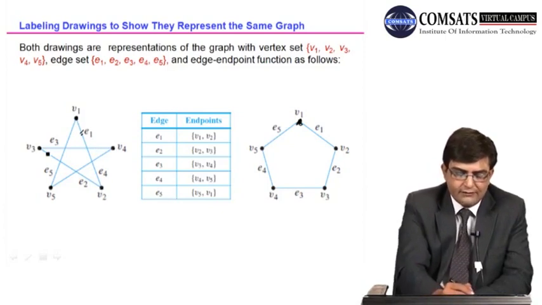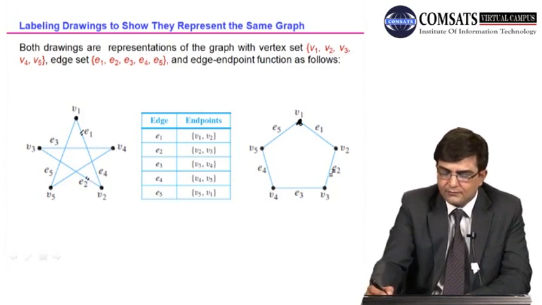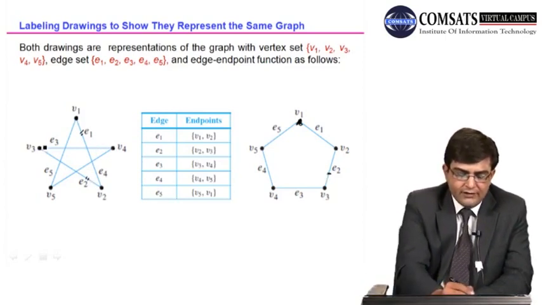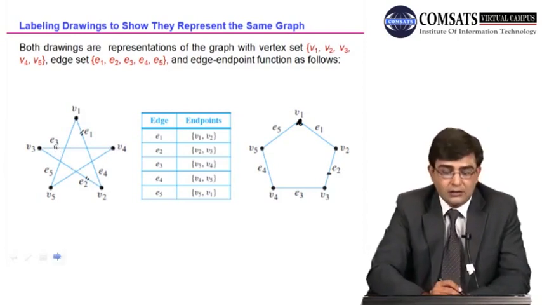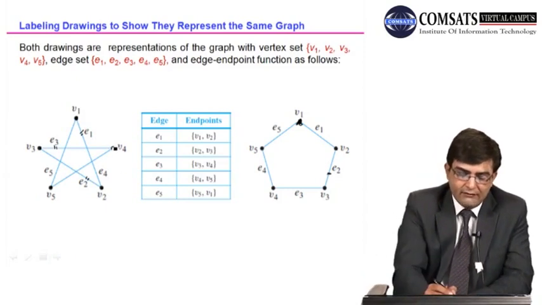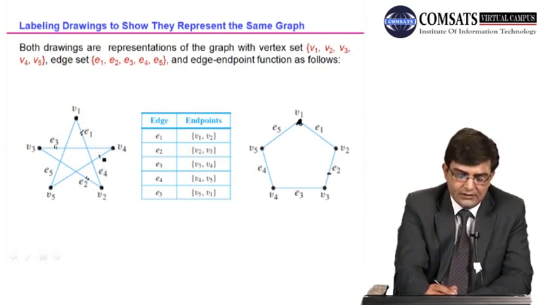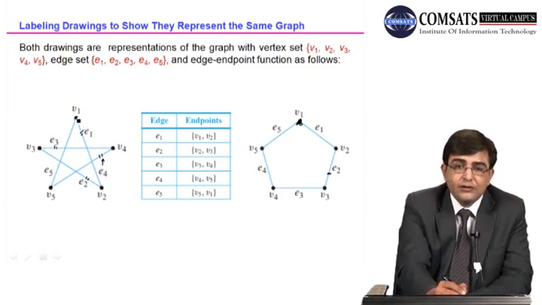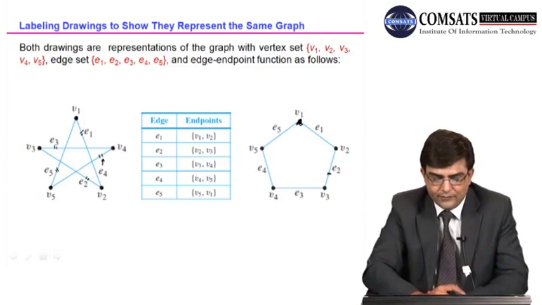When v2 connects v3, we say this edge is e2, just like this. And when v3 is connected to v4, the edge which connects these two vertices is e3, and when v4 connects to v5, this edge is e4. And when v5 is connected to v1, we say this edge is e5.